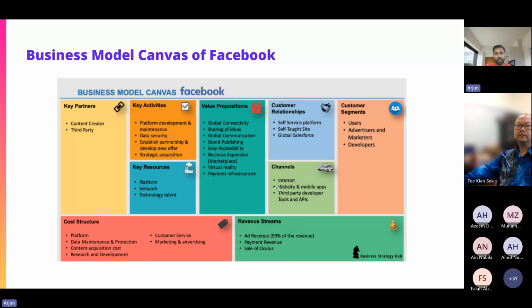And again, you need to go and validate each and everything that we put in the business model canvas. It's not like you are just writing it down. Whatever you write, you need to go and validate. So if you put customer segments as young people, you need to go and speak with hundreds of young people. If you put some value proposition, you need to validate with these 100 people whether this is a value proposition for them. If you put this as a key activity, you need to validate.